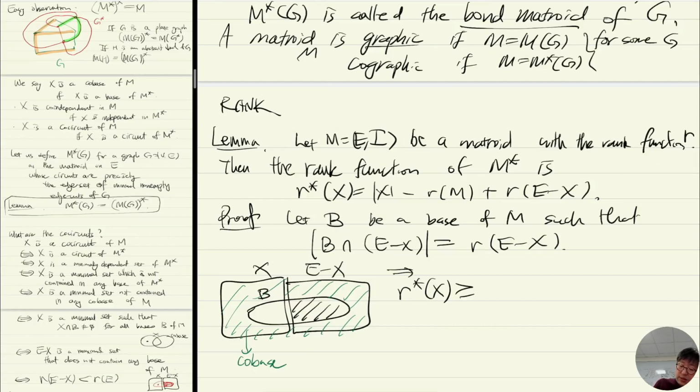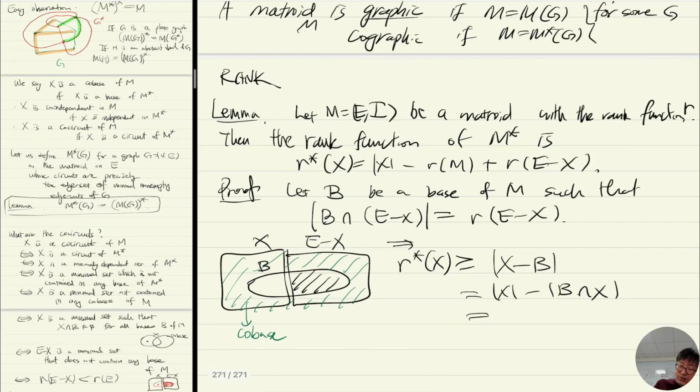So that means R star of X, the rank of the dual matroid, is at least the size of X minus B, which is X minus B intersection X, right?